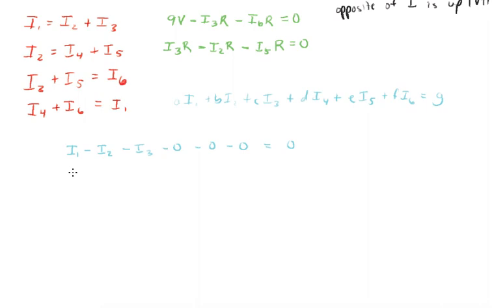This one would be 0 for I1, and then plus I2, plus 0 I3, minus I4, minus I5, minus 0 I6, and that one equals 0. And this one's going to be 0, 0 again, and then plus I3, 0 I4, plus I5, and minus I6, and that one also equals 0.